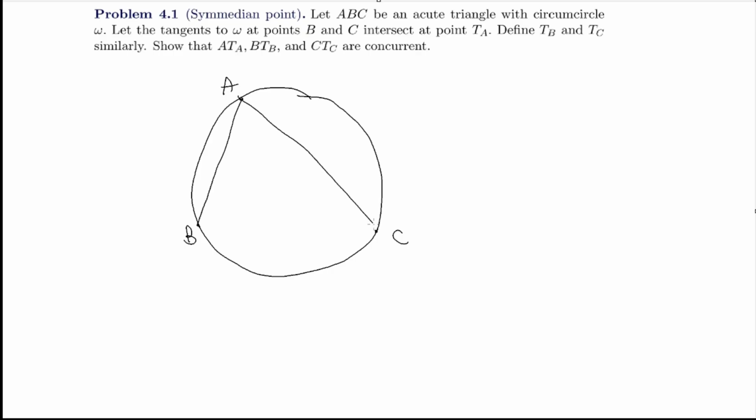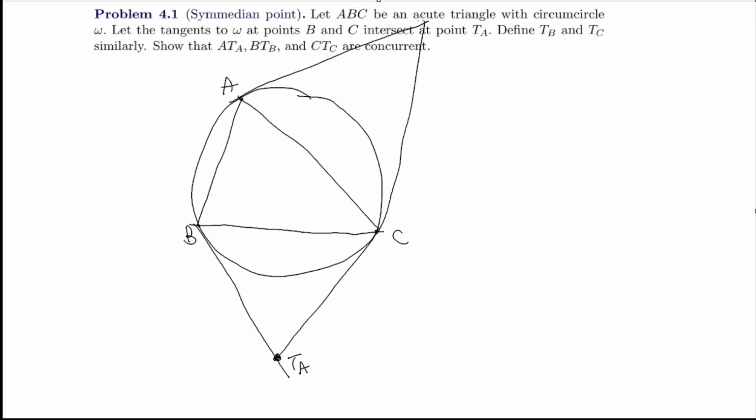All right, so I've assumed that you've tried the problem by now, so let's solve it together. So first we must construct a diagram. So we first draw a circumcircle omega, and we have A, B, and C as our triangle. Then the tangents to B and C to omega intersect at point TA, and similarly for TB and TC.